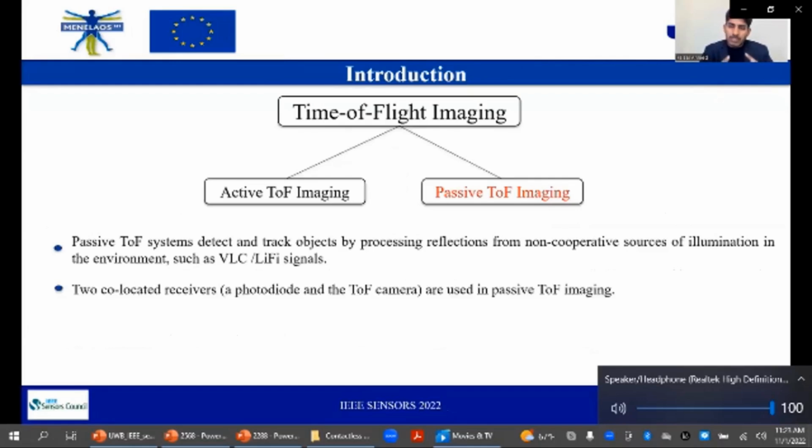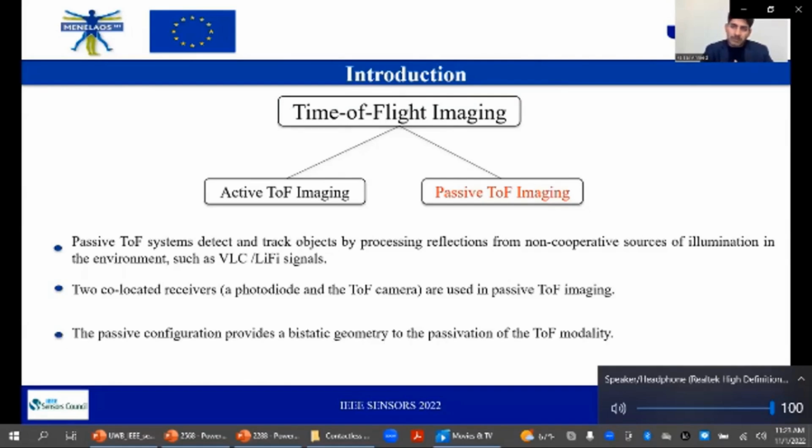And passive ToF cameras basically have two co-located receivers, a photodiode and a ToF camera, where one is responsible for getting the synchronization signal and the other is responsible for getting the reflections. The passive configuration provides a bistatic geometry for the passivation of the ToF modality.